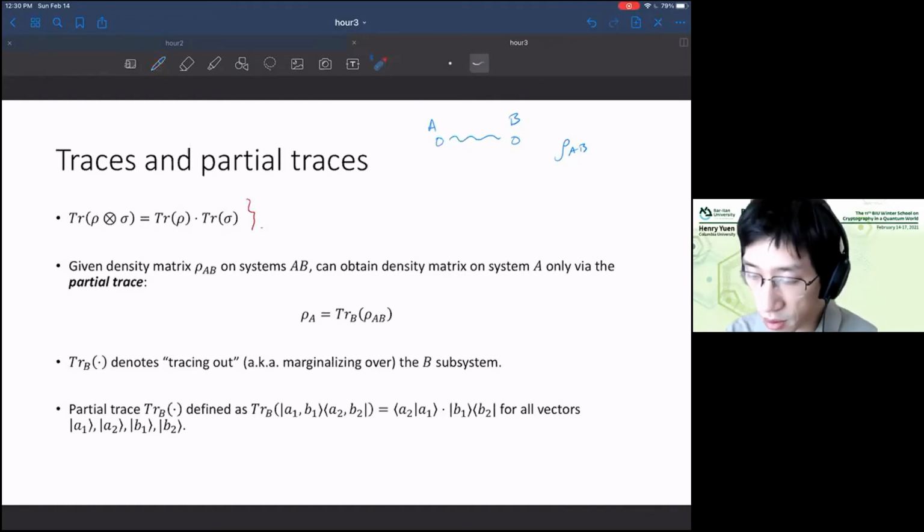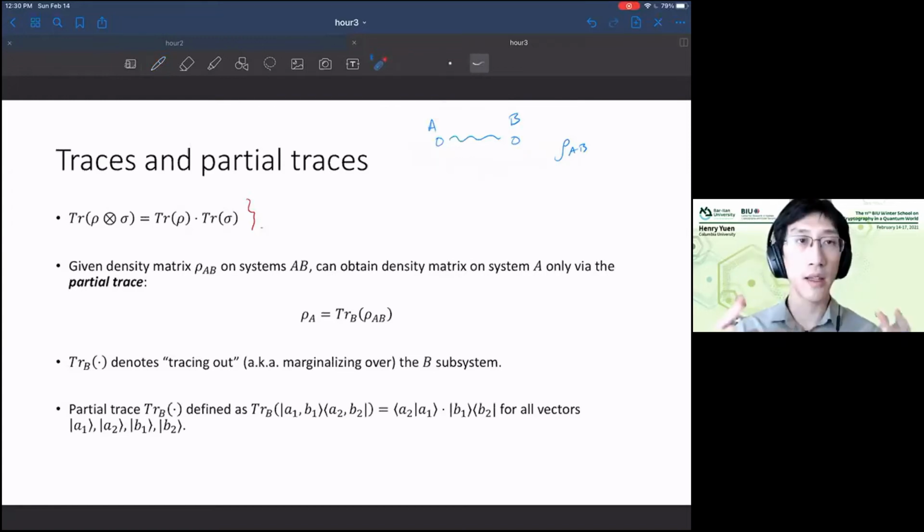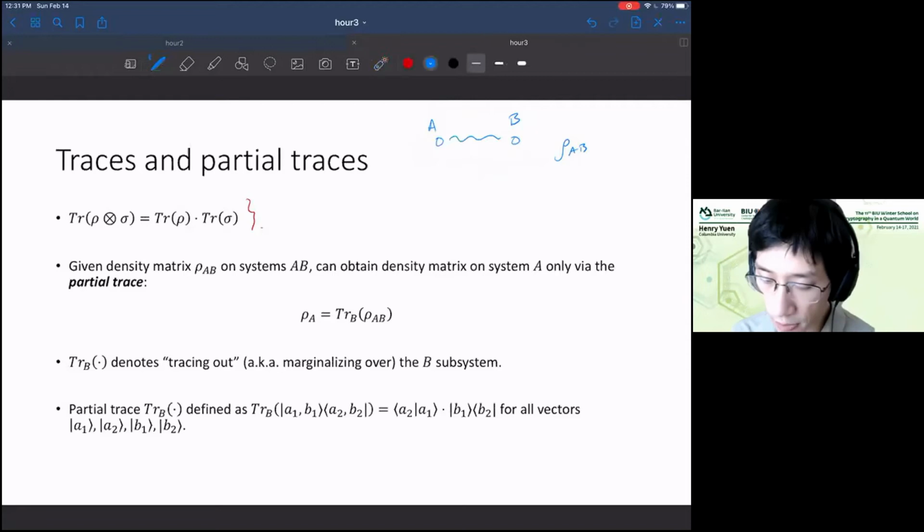For example, if A and B was in the pure state, the EPR pair, the 2 qubits together we can describe using this 4-dimensional vector. But actually, this EPR pair is not the tensor product of 2 single qubit states. So what is the state of qubit A? Without density matrices, we don't have a good way of talking about it. But with density matrices, we can. And that's what this partial trace is.